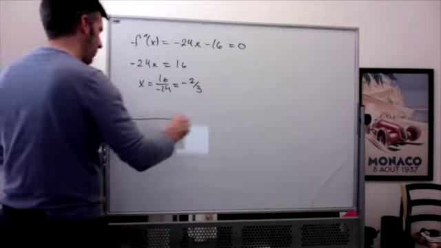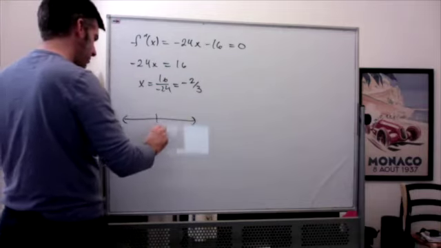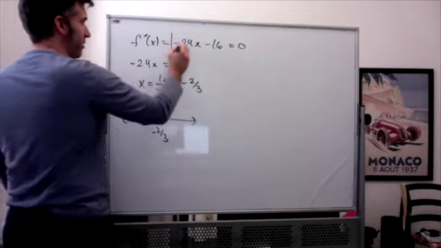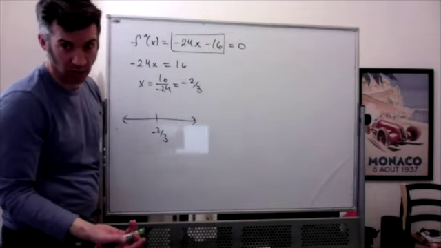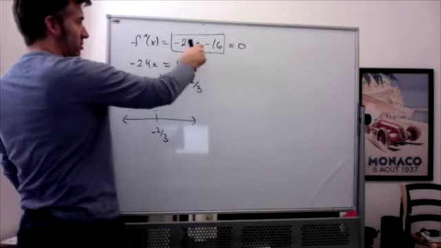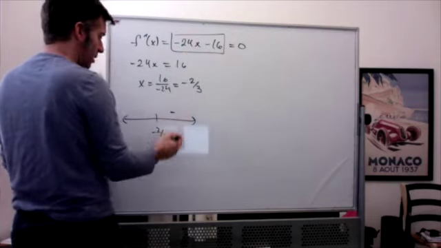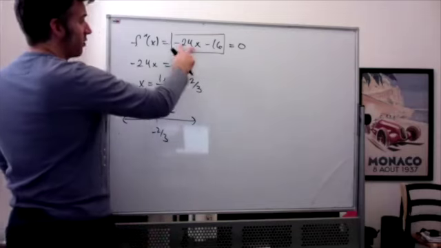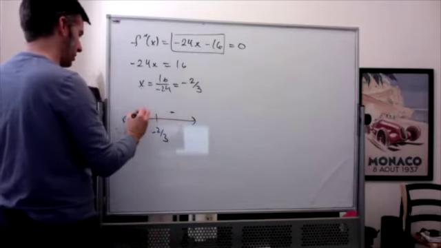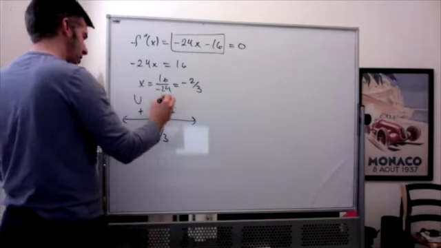So draw the number line for it. Here's my second derivative. Pick a number larger than negative 2/3, like 0. Plug it in, you get 0 minus 16, so it's negative. Pick a number less than negative 2/3, like negative 1. You get 24 minus 16, which is 8, which is positive. So it's concave up, concave down.